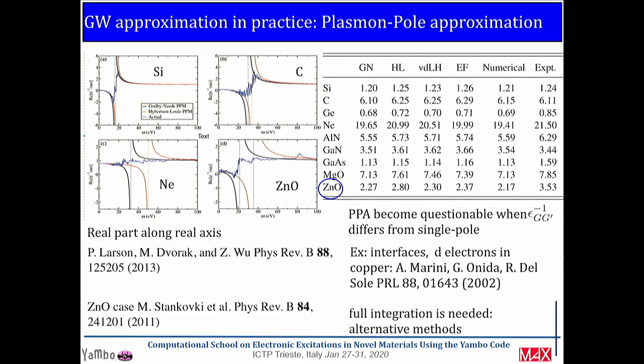And there are also other methods to perform the integral, the contour deformations, alternative methods. And here there is Dario. There is a poster of Dario, who is working on a multipole expansion of the dielectric function. And there are some preliminary results on that.